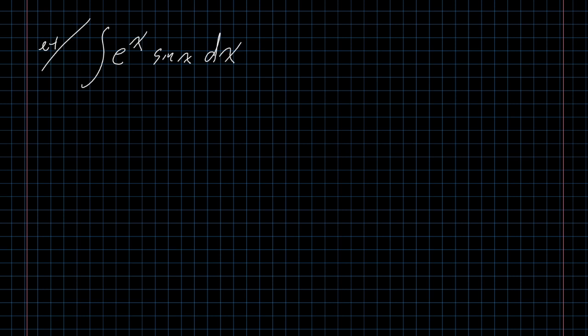Integral of e to the x sine x dx. This one feels like it just falls into the same category of what we've been doing. But once you start into this, you're going to realize things are going to go sour. Right?